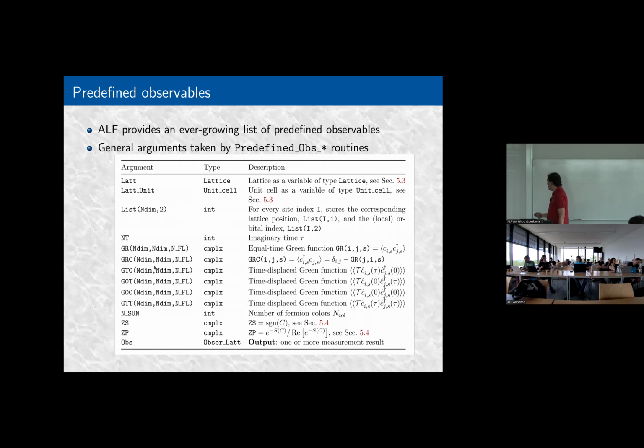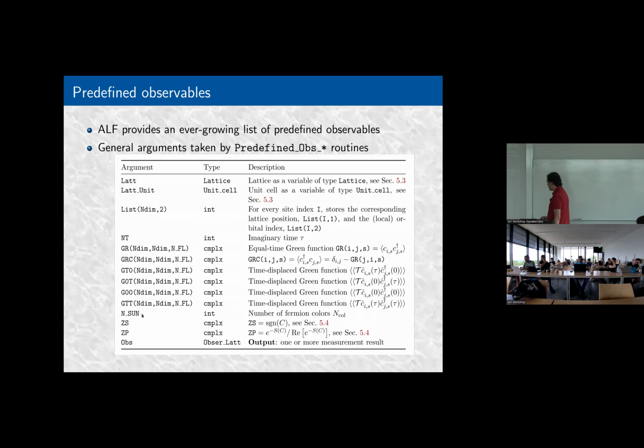Depending on whether this is a time-displaced or equal time correlation, the routine needs the equal time Green's function, GRGC, or the time-displaced one, which we have here. And then there are a few other parameters which, depending on the observables, are used, like, for example, the value of the sign and the phase if the model has a sign problem, and the number of colors, of SUN colors of the model.